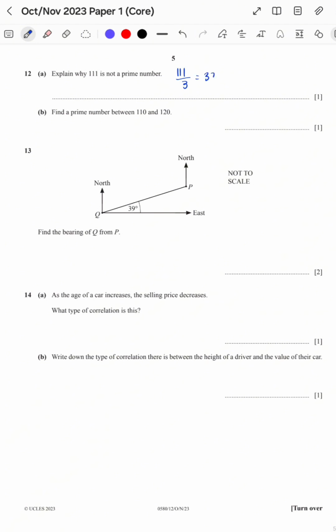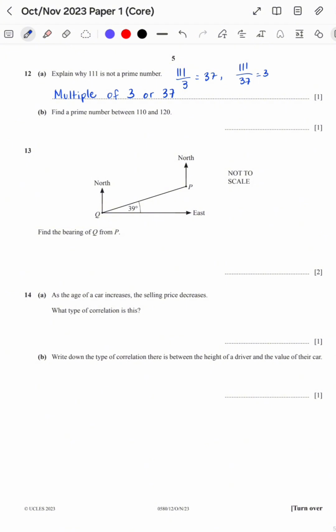This will give you 37. You can also try 111 over 37. This gives you 3. So the answer is, because it has a multiple of 3 or 37, that's why it's not a prime number.